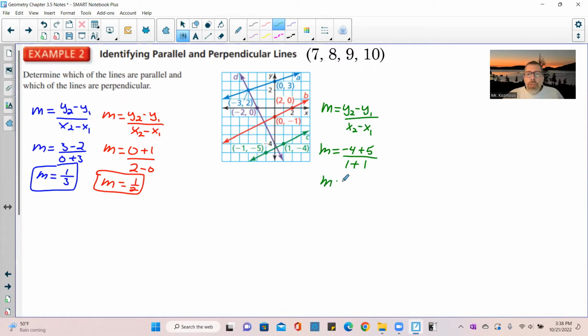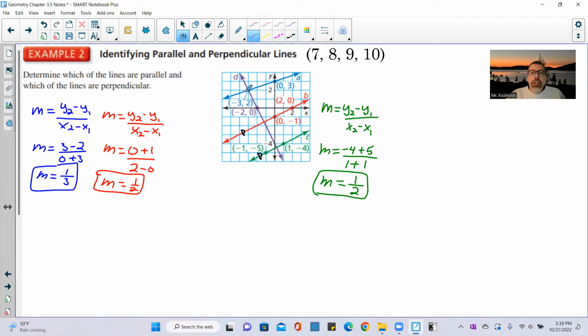So the slope of the green line is -4 plus 5, which is 1, and 1 plus 1, which is 2. So now I see that the red slope is equal to the green line slope. Those two lines are parallel. I will mark that in the graph. So I'll put this parallel symbol here and I'll put one on here. Red and green are in fact parallel.